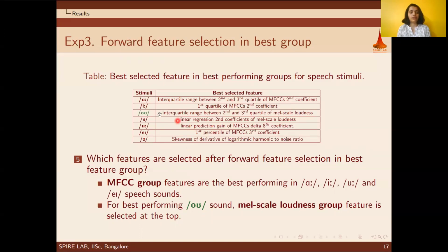On the other hand, for the best performing sound O, the interquartile range between second and third quartile of mel scale loudness is selected as the best performing feature in the best performing group of loudness.